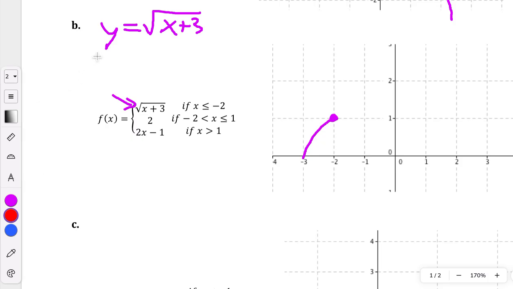Not yet. Okay, so what about this one here? This says 2. What the heck is 2? Is that a point? Many have thought it was a point, but it is in fact a line. Because, check this out, isn't that just like y equals 2? And what's y equals 2?